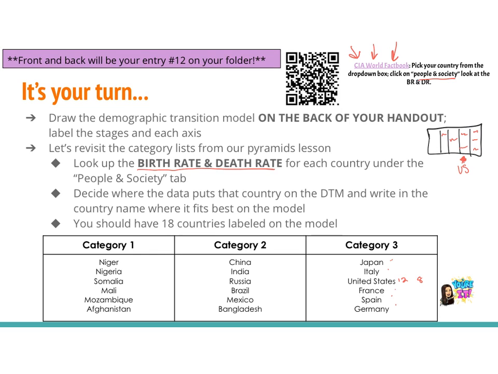So I will help you out with that. If you are just totally lost and you don't know how to put each country in the chart, try to base it off of the U.S., okay? Our birth rate is 12 and our death rate is 8, and we are a stage 4 country, okay? That is ideal. That's the best place to be, is in stage 4, and that's where the U.S. is.